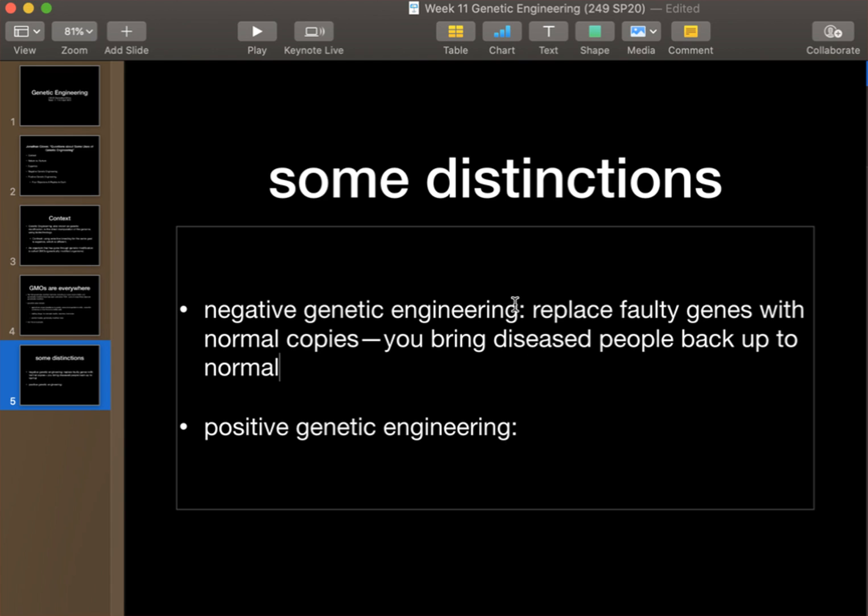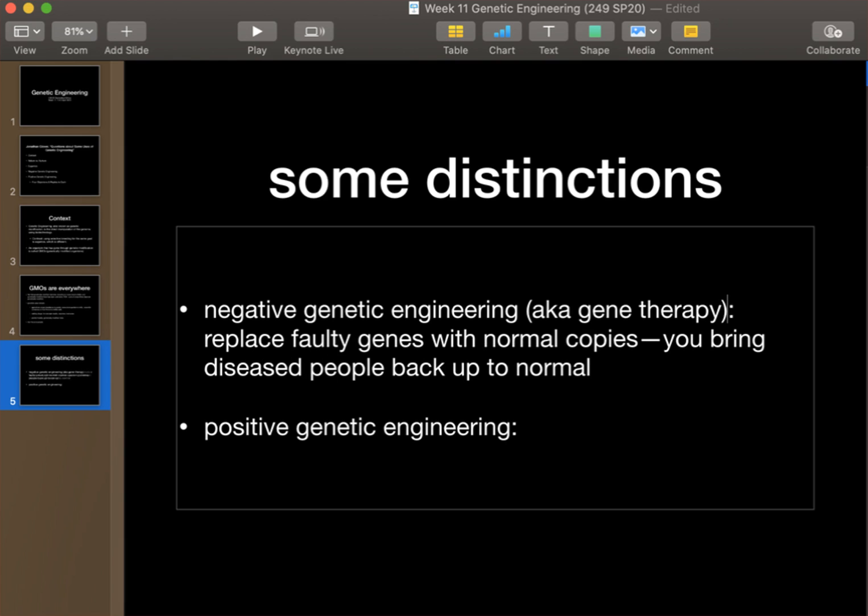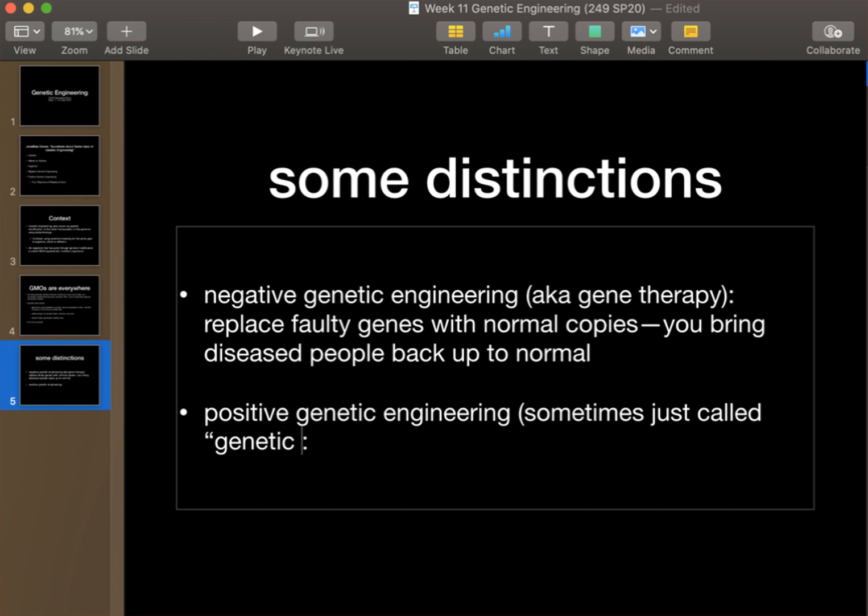Okay? And sometimes this is called, aka, gene therapy, because the idea is it's a therapy using genetic modification to get you back up to normal. Okay? Positive genetic engineering, though, sometimes this is just called genetic engineering.